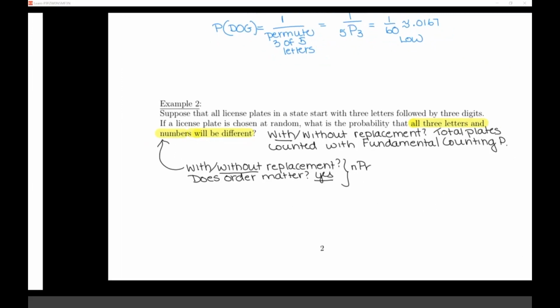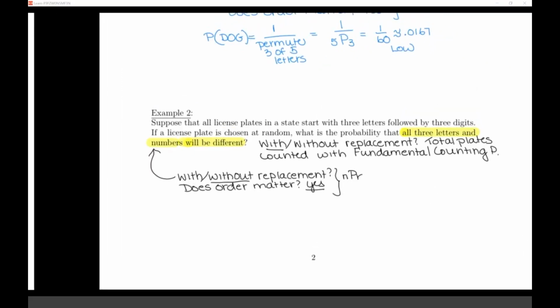Again, this is a slightly different scenario where you're not using the same counting method for the numerator and denominator. 3 unique letters and 3 unique numbers.